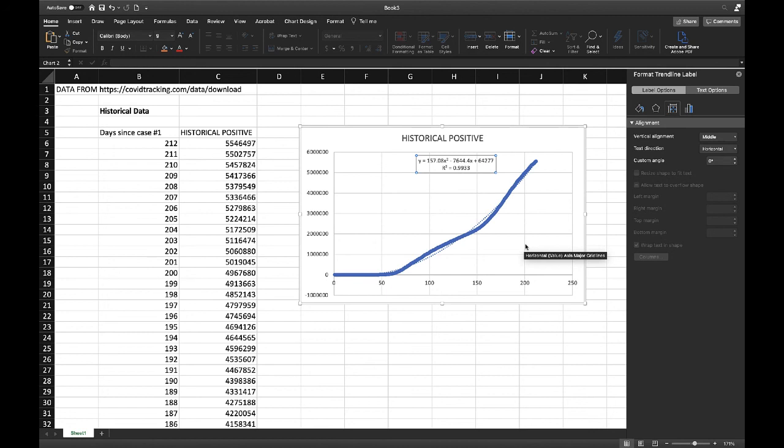So if I wanted to say, what is the y value likely to be on day 1,000, almost 3 years after the onset of this crisis, the answer would be 157.08 times 1,000 squared, that's your x value, minus 7644.4 times 1,000, again your x value, plus 64277. That will tell you, given this fit, what you're looking at projected for day 1,000. So it's a really nice feature of Excel, a really nice way to quickly look at data and look at trends and understand the shape and the dynamics of these sorts of patterns.